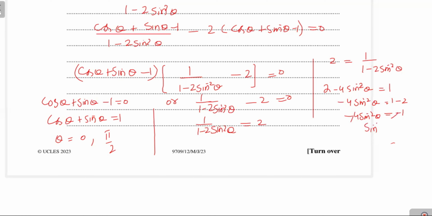Therefore, sine square theta equal to 1 over 4, then sine theta equal to plus minus 1 over 2, and for the acute angle value, alpha will be equal to sine inverse 1 over 2, and this alpha will be equal to pi over 6.